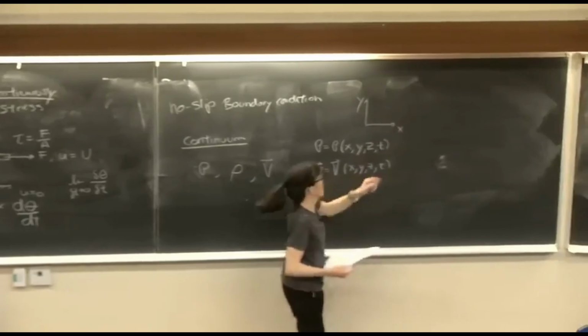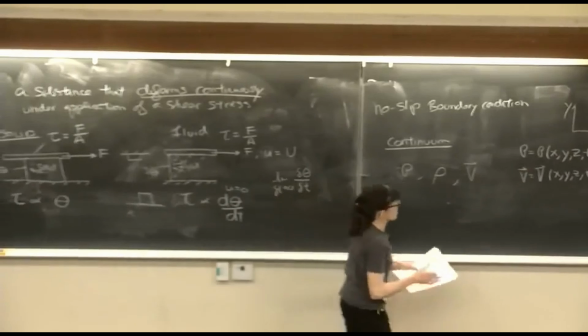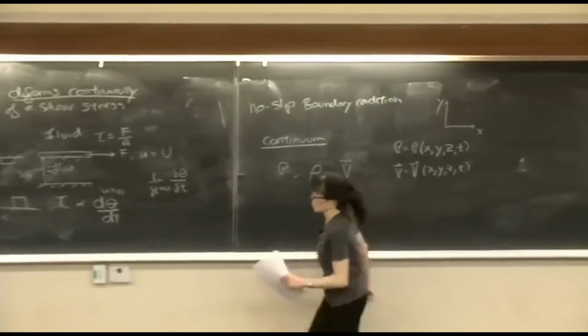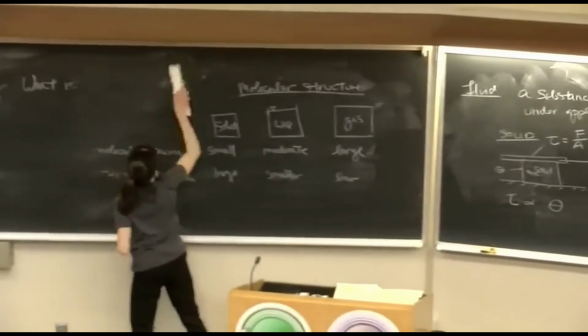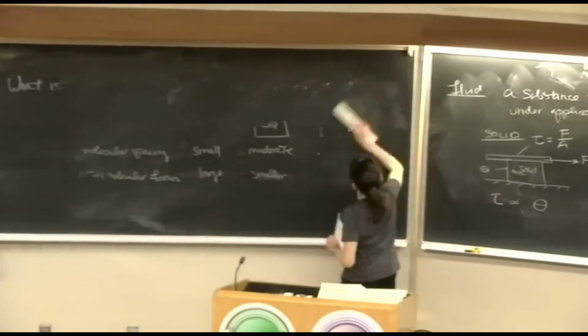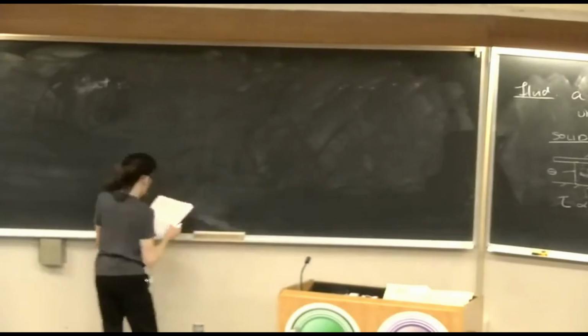Okay? All right, so let's just consider these variables in a little more detail. And some of this we did in MAE 11, but just to be sort of complete.